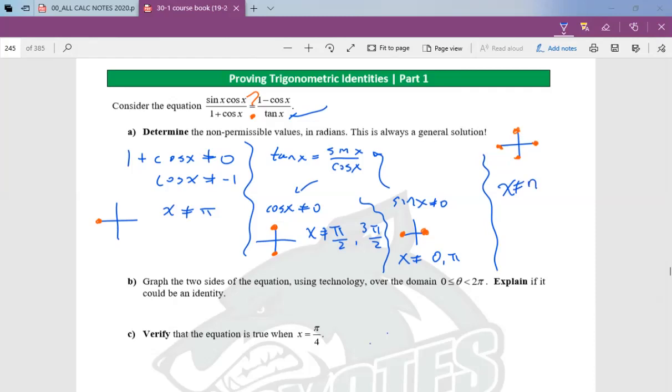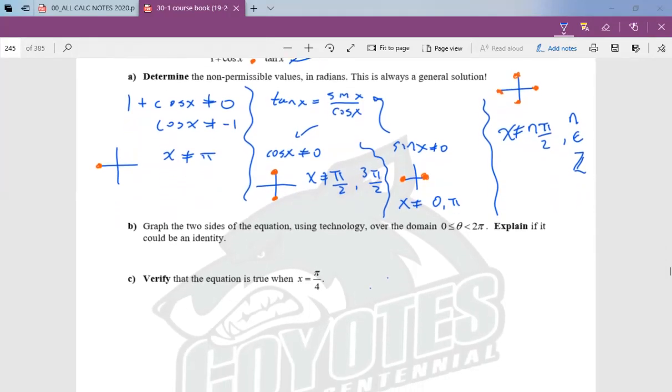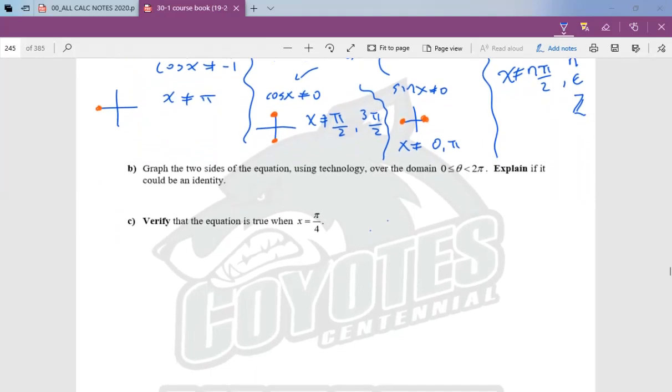This just ends up being n times pi over 2. In degrees, it would be n times 90 degrees. And then we need to state that n is an integer. I'm running out of room there. Looks a little messy, but you get the point. So n times pi over 2 is the general solution for your restrictions. What can x not be? Okay.